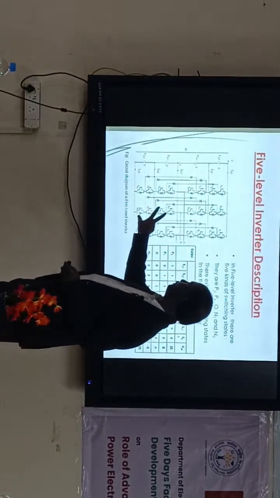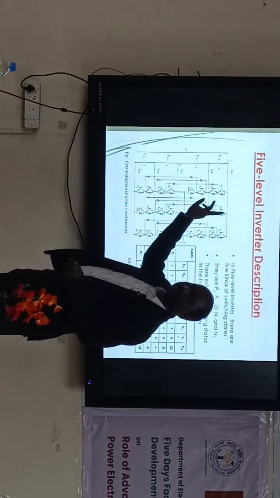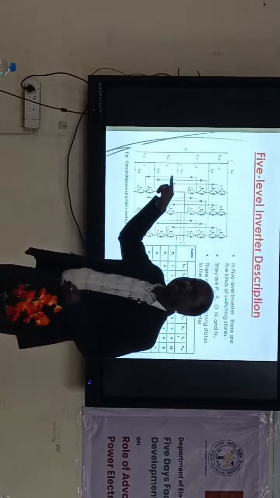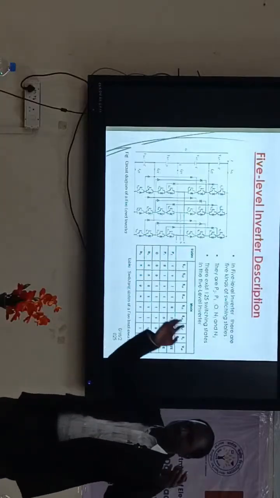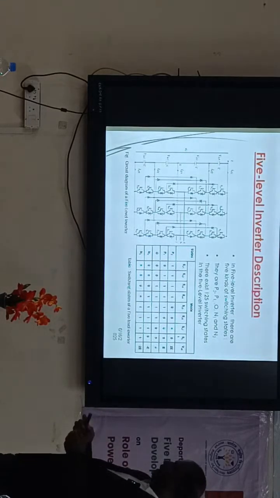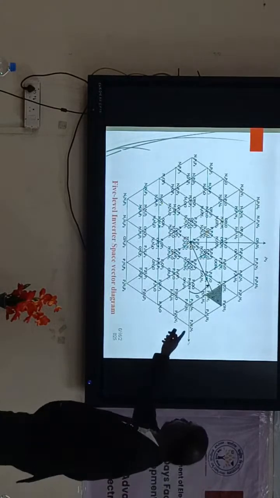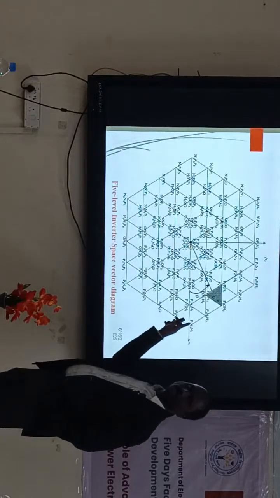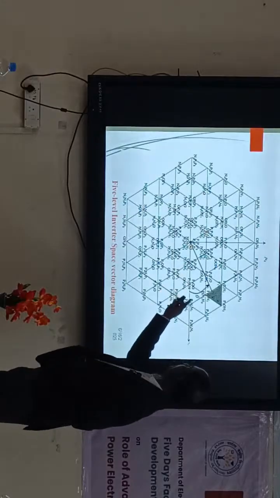All middle means 0. So what is the voltage? 2E at an angle of 0. In that way, all voltages, all vectors, all switching states, if we keep them in the form of a diagram like this way, we get 1, 2, 3, 4 types of E.